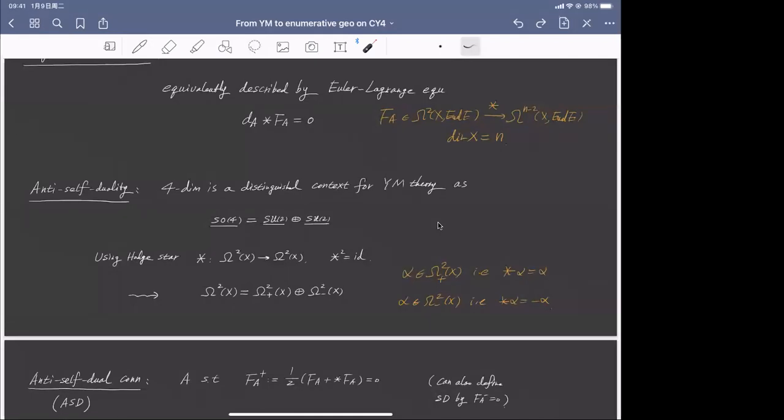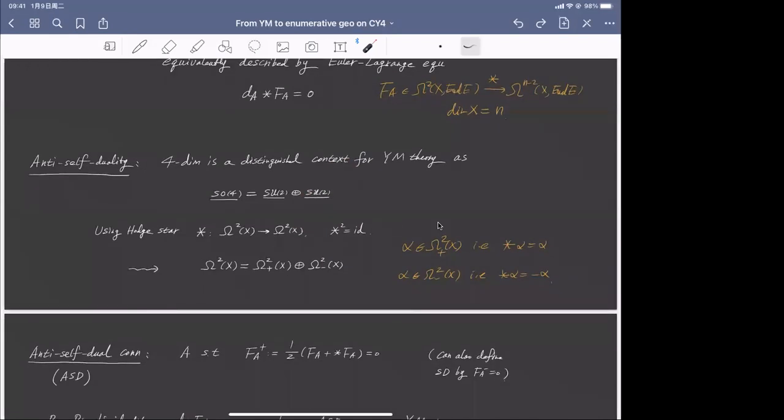In any case, if you take E to be trivial, this recovers the usual case. Now curvature is a bundle valued 2-form, so we can similarly decompose bundle valued 2-forms into plus and minus parts. Then we can make sense of the plus part of this curvature tensor. Okay, is this part clear?